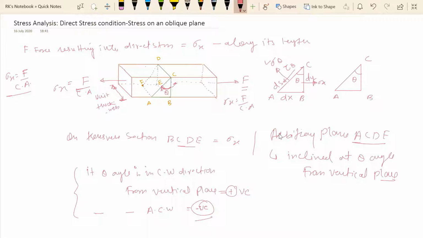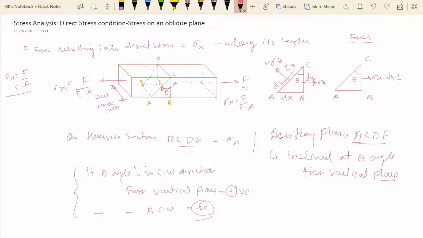If we find the forces on these faces, we have to multiply these stresses with the areas of these planes. So the force on this plane is sigma x multiplied by area, where area is dy multiplied by unit thickness, so dy multiplied by 1.